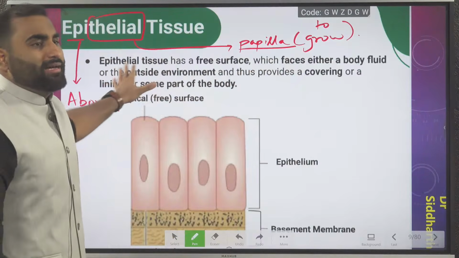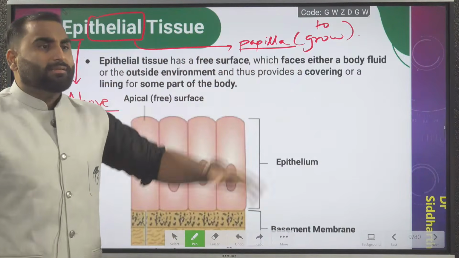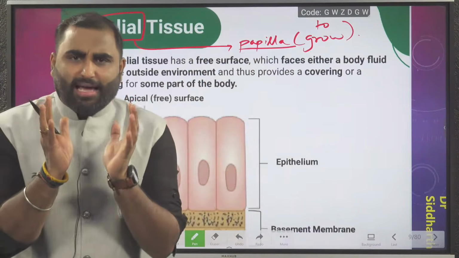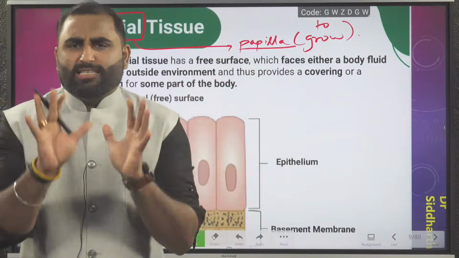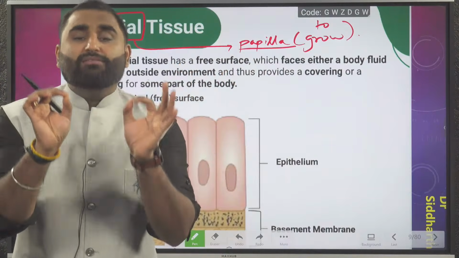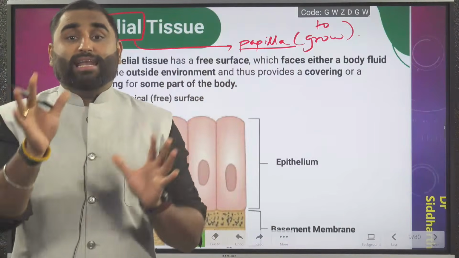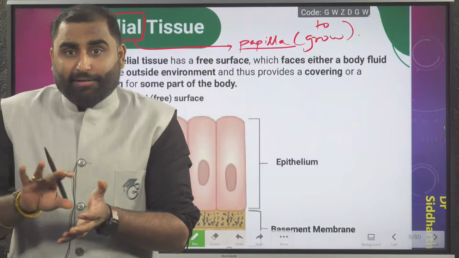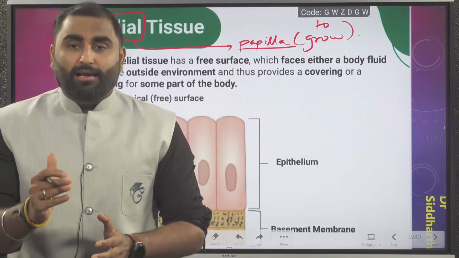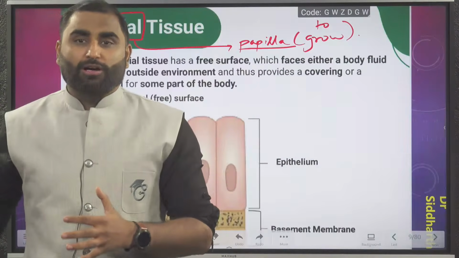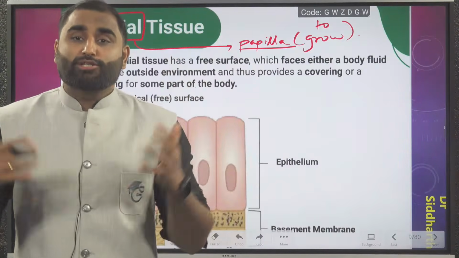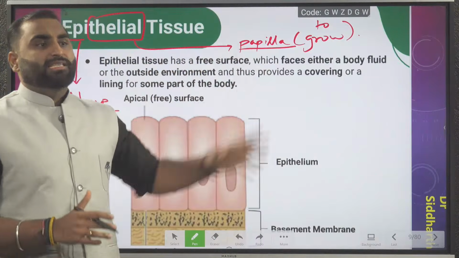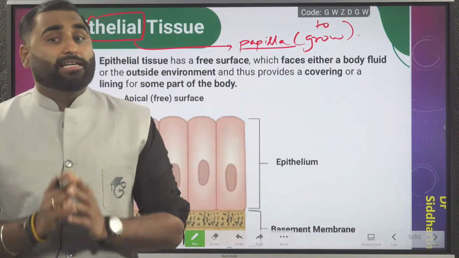Please read the sentence. This sentence is from your NCERT lines only. I am not teaching some external lines. These lines were present in the old textbook. However, it has been trimmed off a little, but still, to study physiology, we have to have knowledge of tissues. So read the line: epithelial tissue has a free surface.